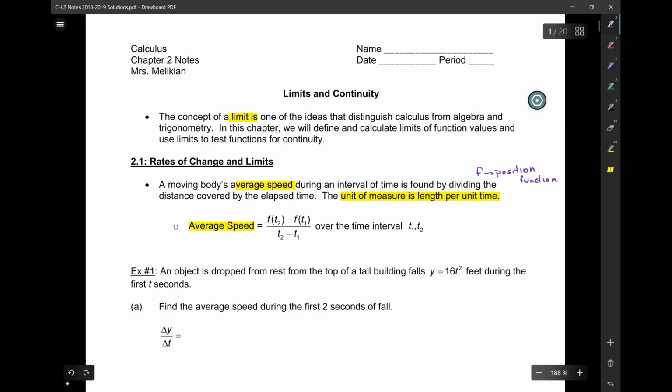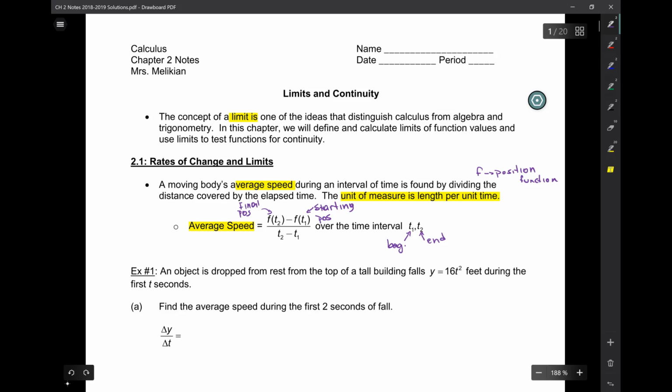So if f is the position function, f of t1 is your starting position, and f of t2 is your final position. So where you ended minus where you started, that's how much you've traveled. And t2 minus t1, again, t2 is the end time, and t1 is the beginning time. So we say the average speed is that over the time interval t1 to t2.